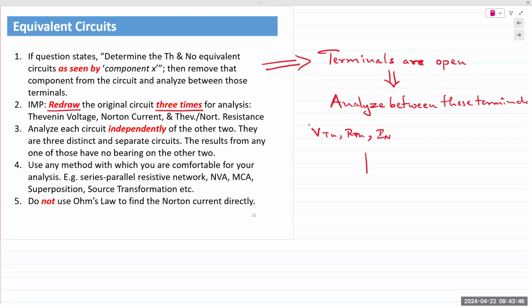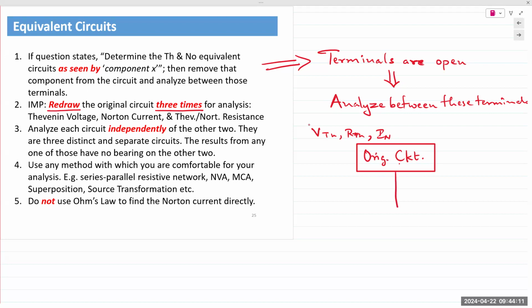Again, let's say you have the original circuit. CKT is my acronym for circuit. So let's say you have this original circuit.